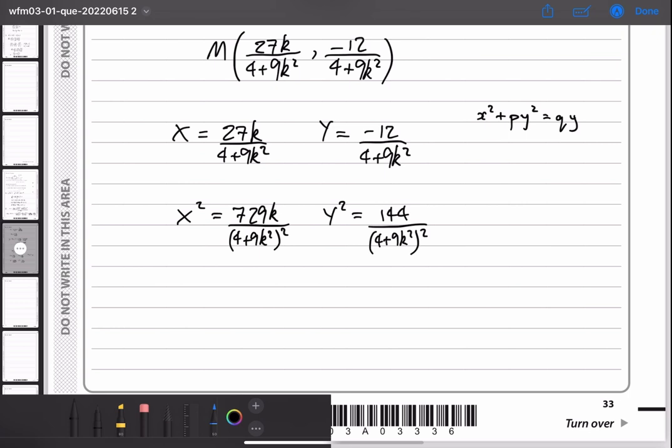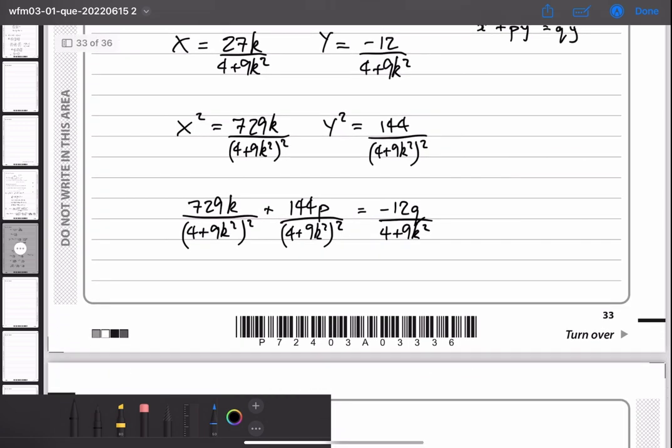So if I put all of these in, then we'll have nothing but k's and numbers, and we should be able to hopefully equate and find out p and q. So we've got 729k over 4 plus 9k squared squared plus p lots of 144, let me write that, 144p over 4 plus 9k squared squared is equal to q lots of Y, so minus 12q over 4 plus 9k squared.